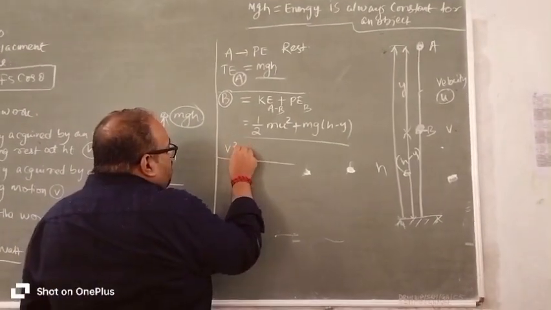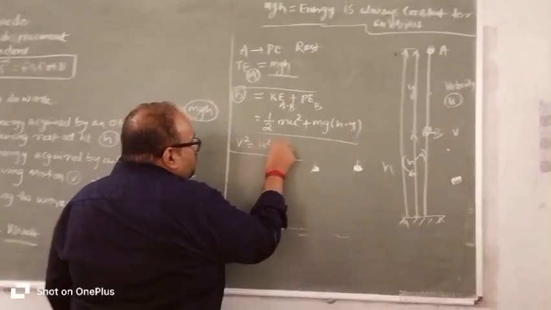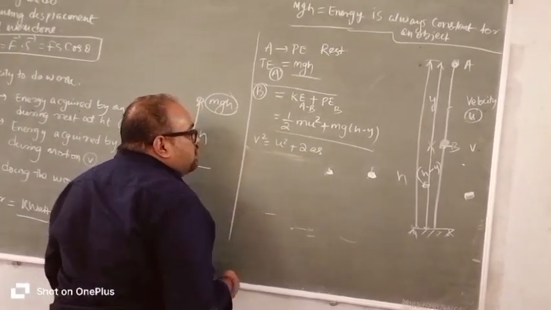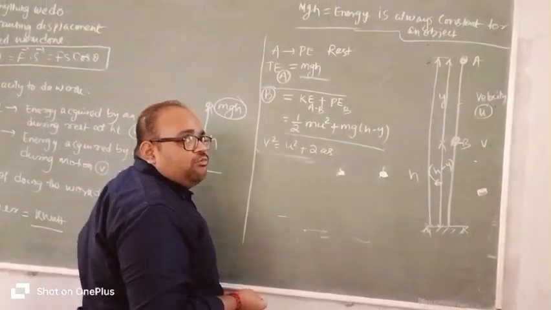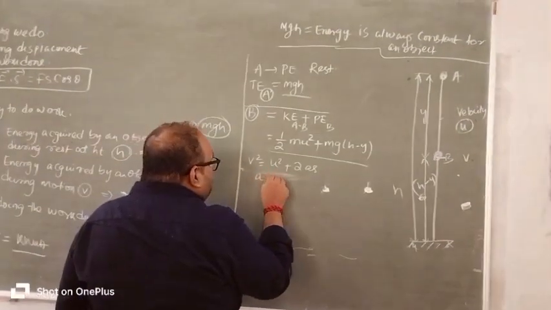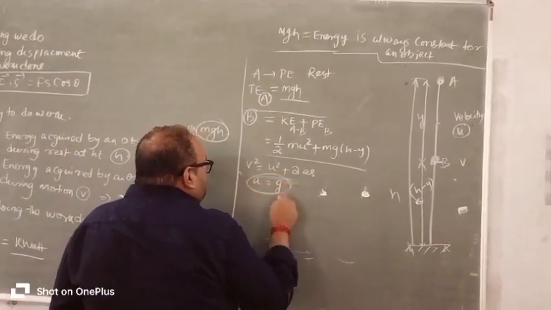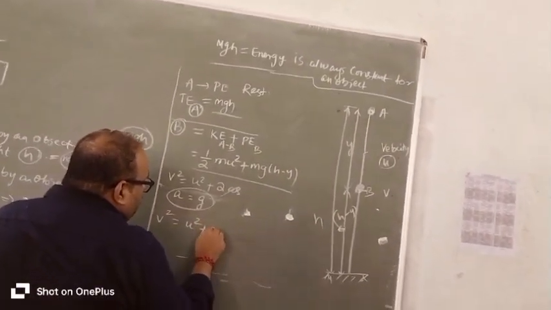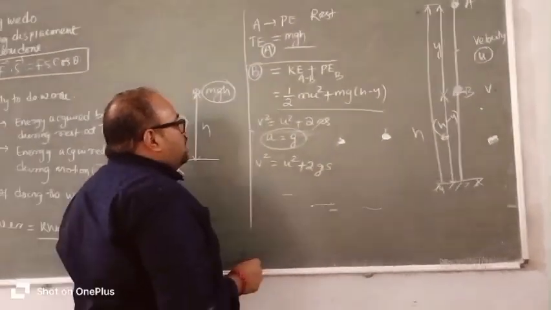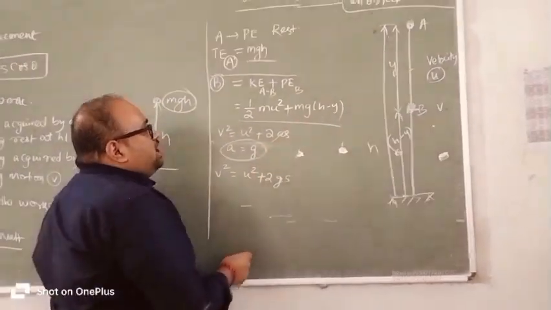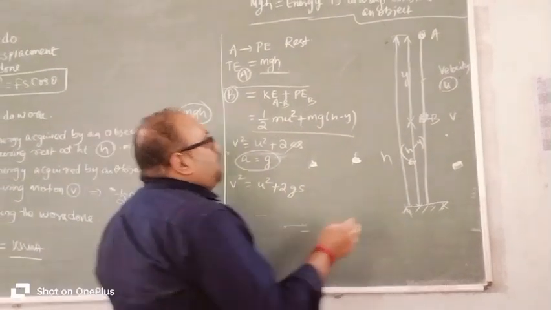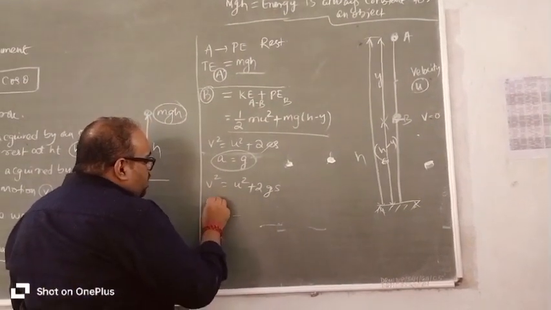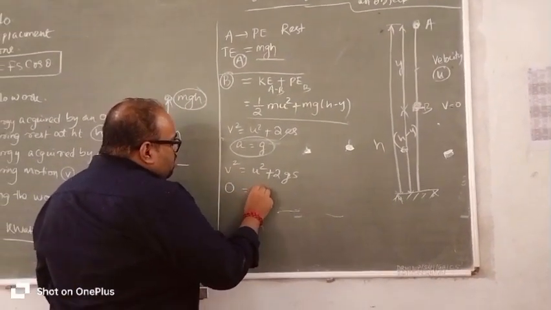And see, this is not yet equal to mgh. So we will put our equation of motion, v square equals u square plus 2as, because this is motion under gravity, or gravitational pull of attraction. Here a will be simply g. After reaching B the velocity v equals 0.